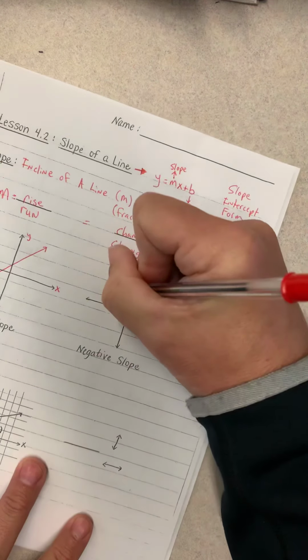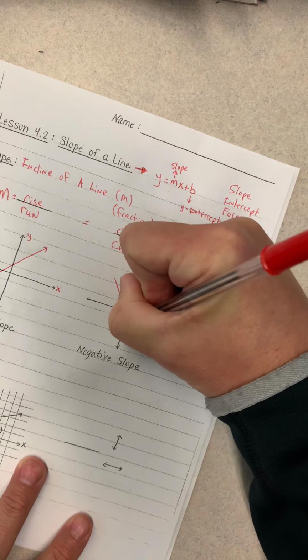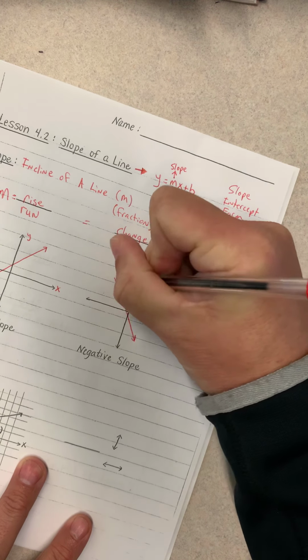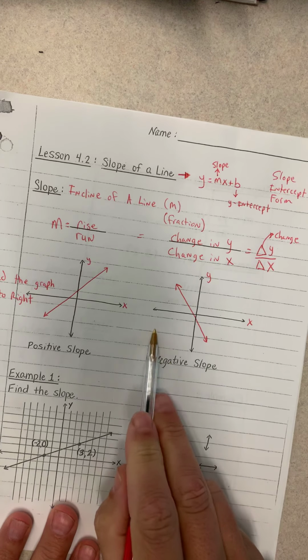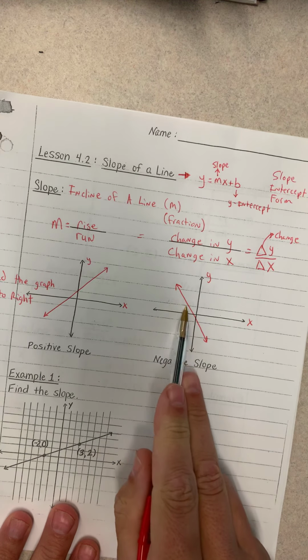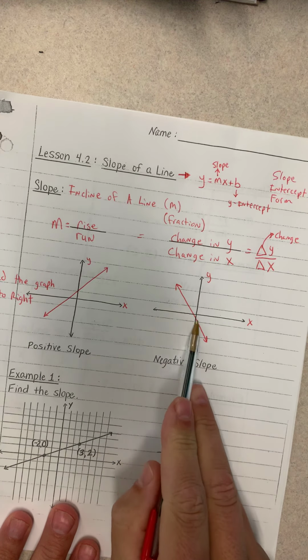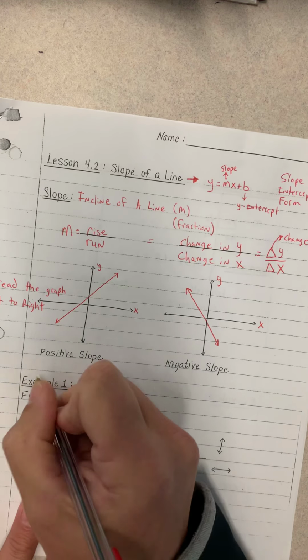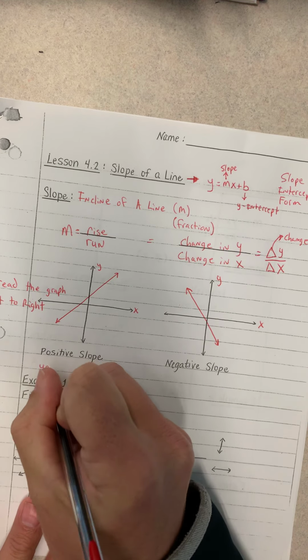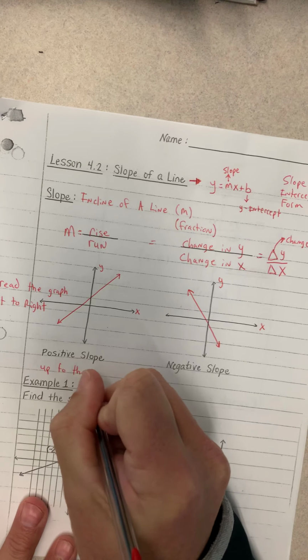On the flip side, I could have a line that falls when I look at it left to right. If I read this graph left to right, I run into this line. This line is falling. This is negative slope. For positive slope, my line goes up to the right.